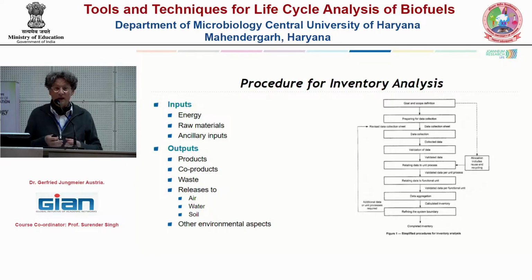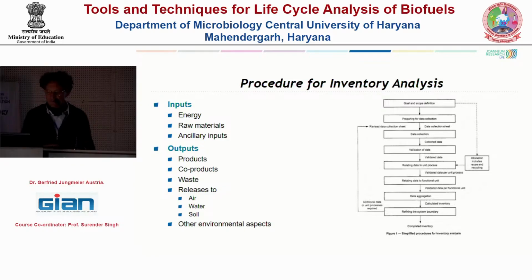And waste is really something that cannot be used further. Normally people say a thing is a waste if you have to pay to get rid of it, because normally for waste treatment you have to pay, and this is sometimes a possibility to see if it's a co-product, a residue, or really a waste you have to get rid of.